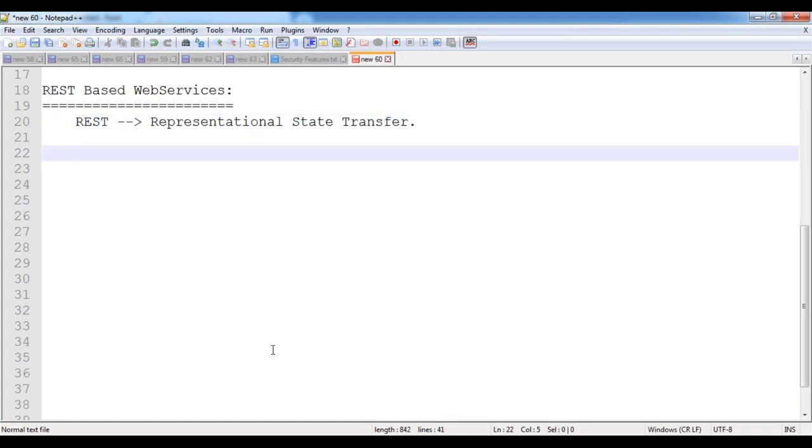Basically, REST is an architectural style which is used to prepare some business logic which can be consumed.